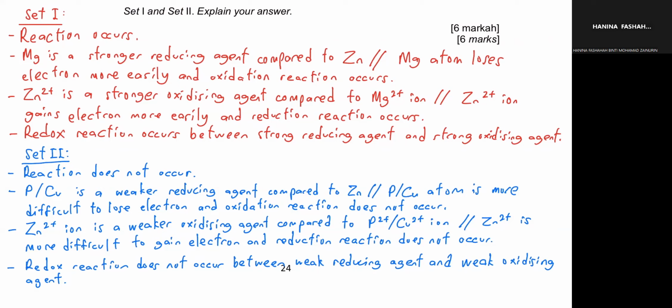That's why oxidation does not occur. Zn2+ ion is a weaker oxidizing agent compared to Cu2+. So Zn2+ is more difficult to gain electrons, and reduction does not occur. So that's why a redox reaction does not occur between a weak reducing agent and a weak oxidizing agent.